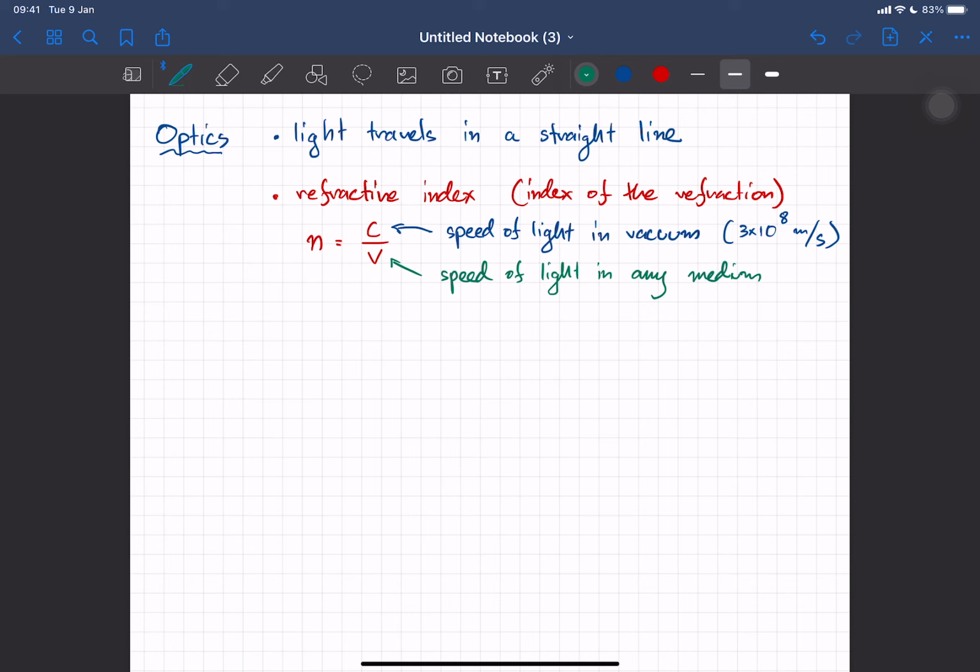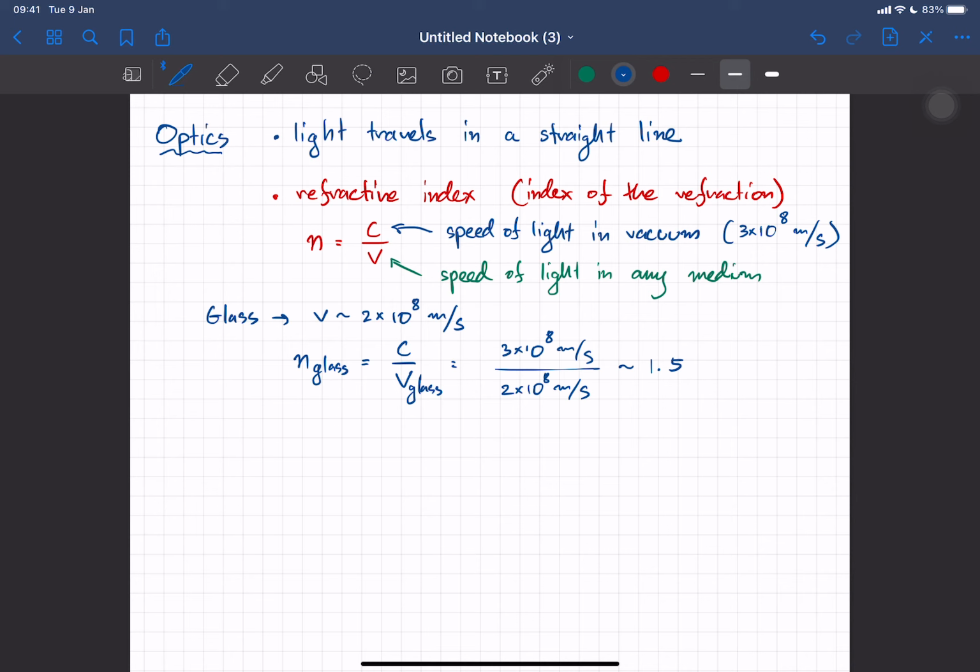So for example, if we have glass, the speed of light in glass is roughly about 2 times 10 to the 8 meters per second. Then we say the glass has the refractive index of c over v glass, which is 3 times 10 to the 8 meters per second, divided by 2 times 10 to the 8 meters per second, and that's about 1.5.